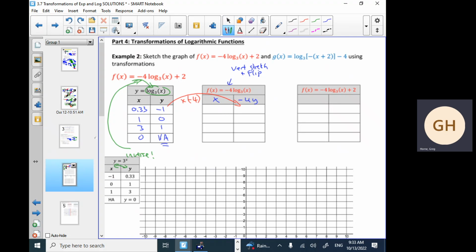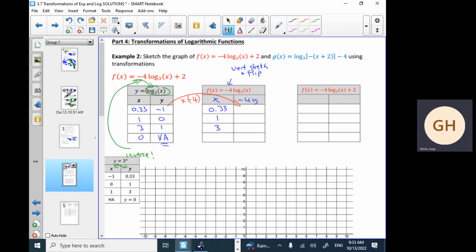So we are going to have the x values not changed. This log function. I'll come back to that. Think about it a little bit. So we're going to have times -4.